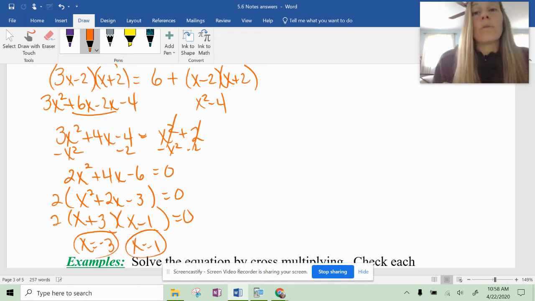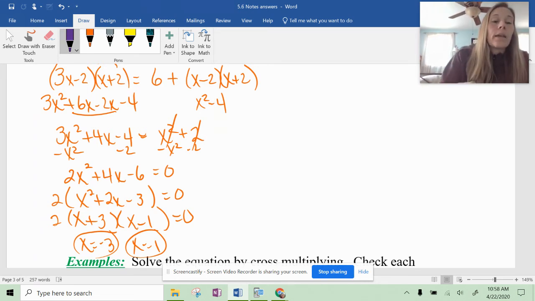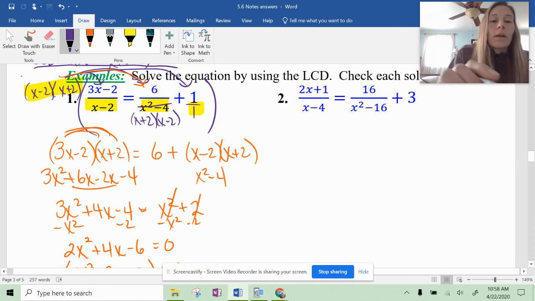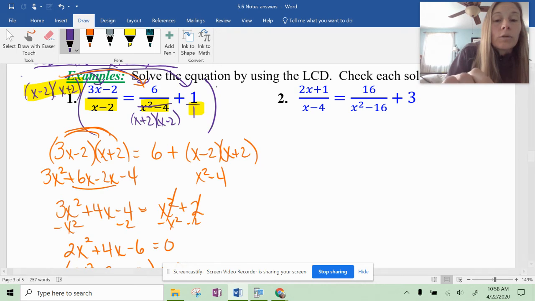And you could also get those using your graphing calculator like I showed you before. And then if we want to check these to see if they are solutions, let's check the negative 3 first. Okay, so negative 3. 3 times negative 3 is negative 9. Minus 2 would be negative 11. And then negative 3 minus 2 is negative 5.